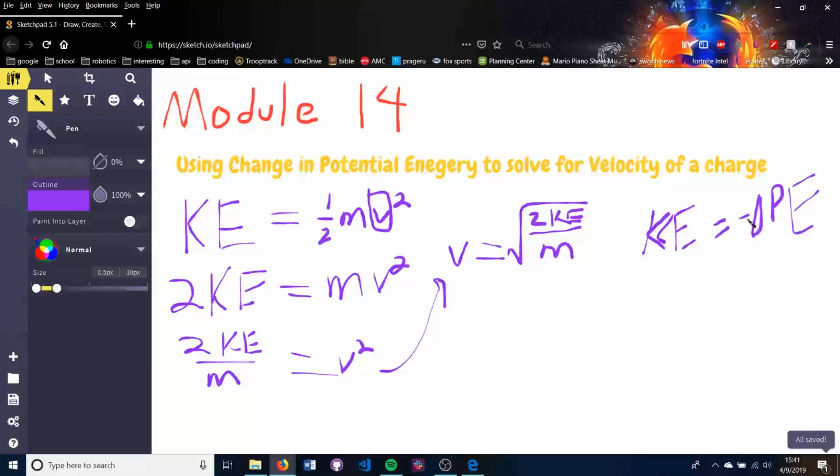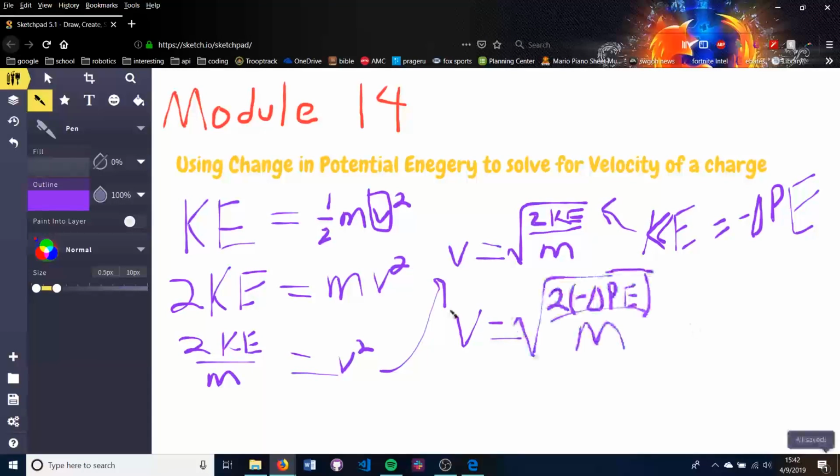So K is equal to the negative change in potential energy. You can kind of see what I'm saying here. So we can substitute KE in for this. And if I skip forward to where I've completed writing this equation, you can see that v is equal to the square root of 2 times the negative change in potential energy divided by m. m is equal to the mass.